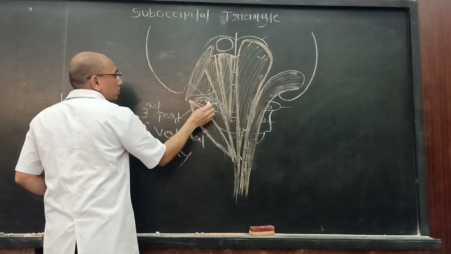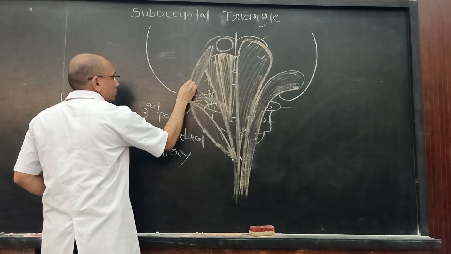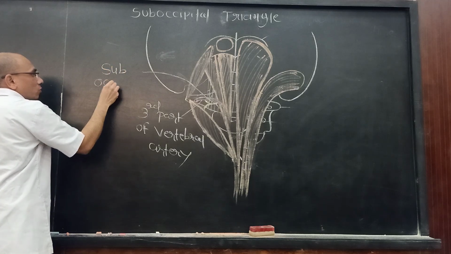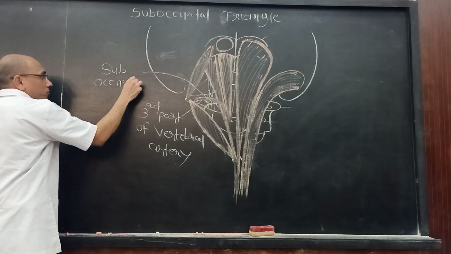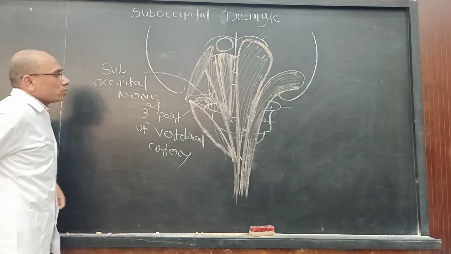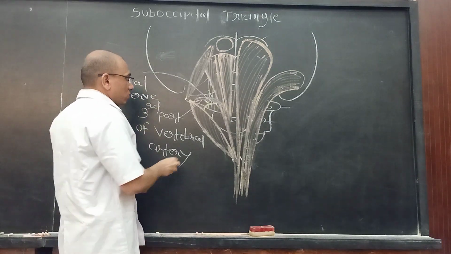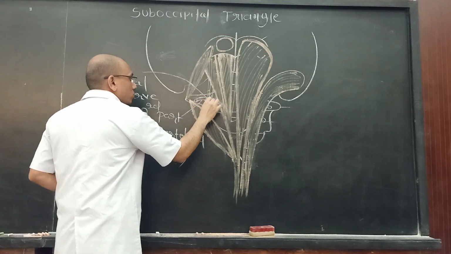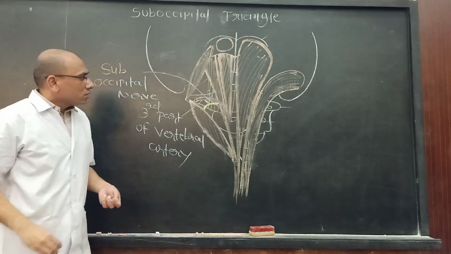Suboccipital nerve. This one is suboccipital nerve. First cervical nerve, suboccipital nerve, which divides into the dorsal and ventral branches.